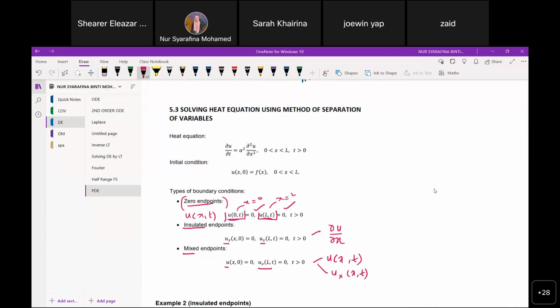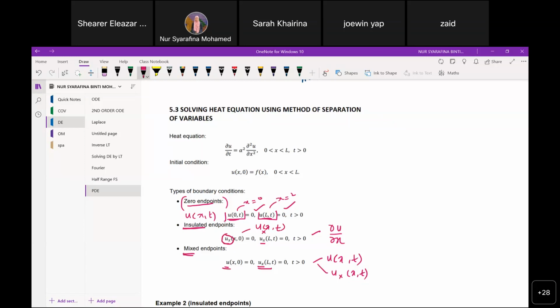But for insulated endpoints, it involves u_x, where you have to differentiate u(x,t) with respect to x. And another one is mixed endpoints, where the boundary condition involves u and also u_x. So those are the differences.